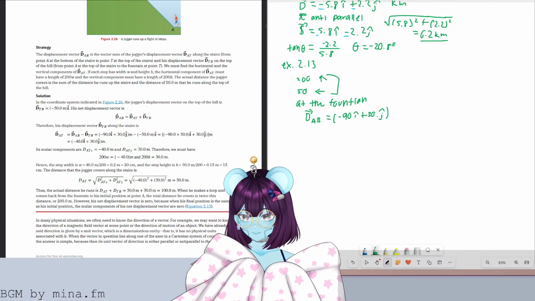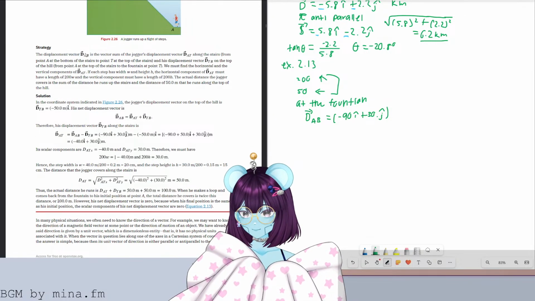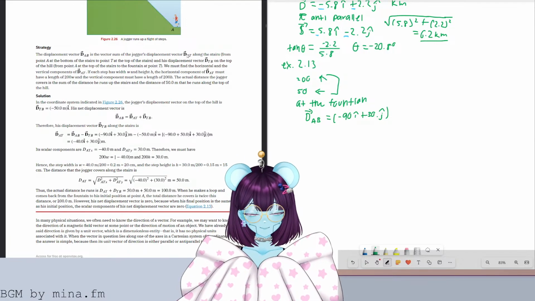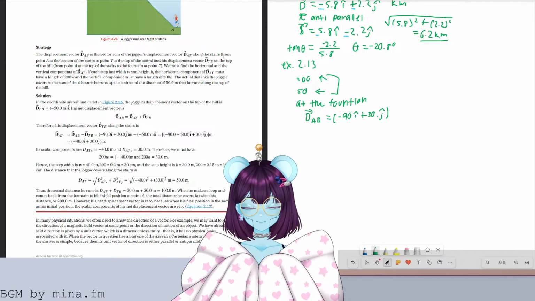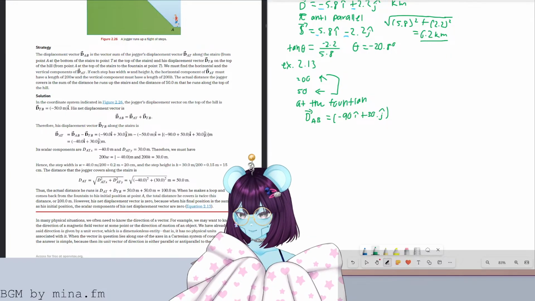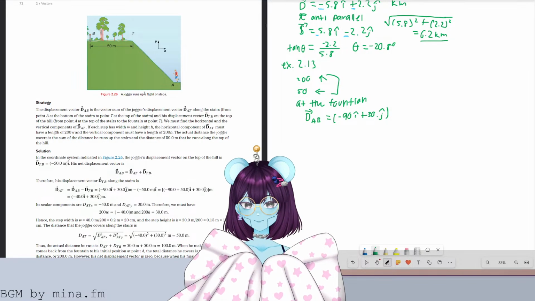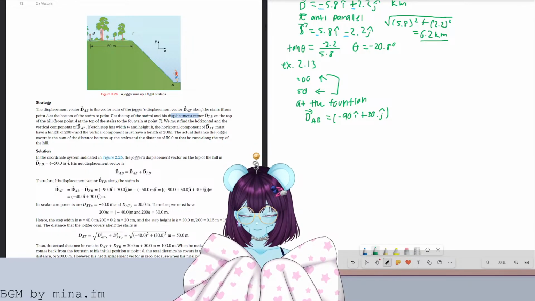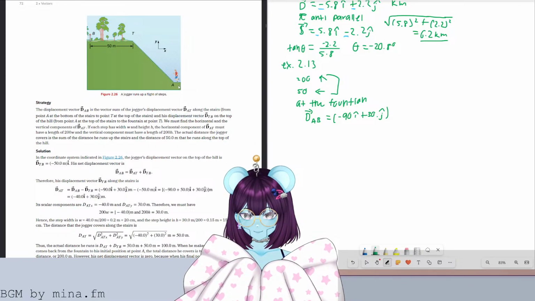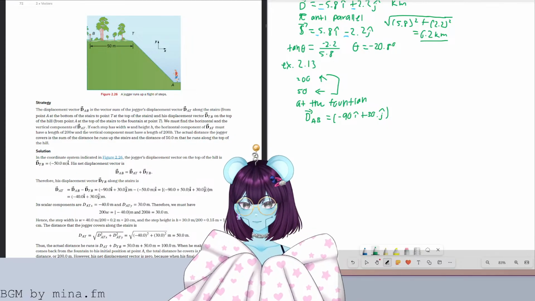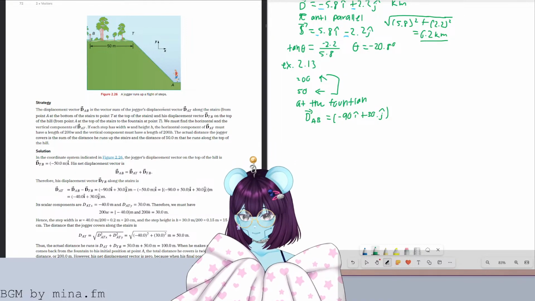Alright, from this, the displacement vector DAB is the vector sum of the jogger's displacement DAT along the stairs, from point A at the bottom of the stairs to point T at the top of the stairs, and his displacement vector DTB at the top of the hill. We must find the horizontal and vertical components of DAT. That's how we can get the steps.